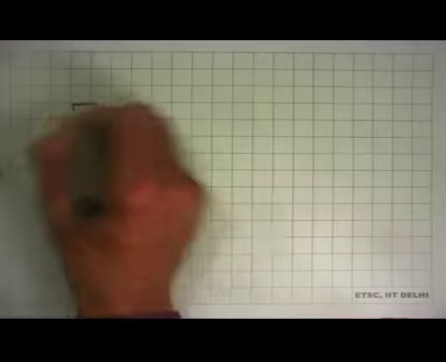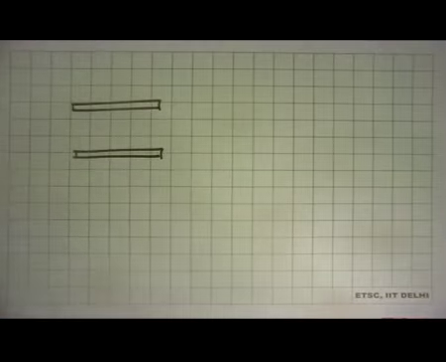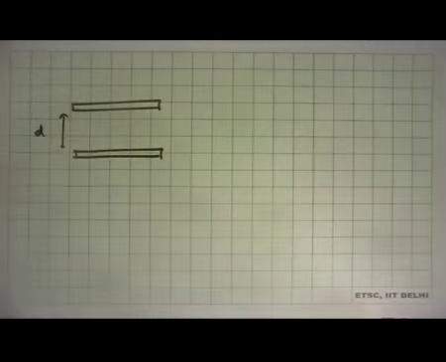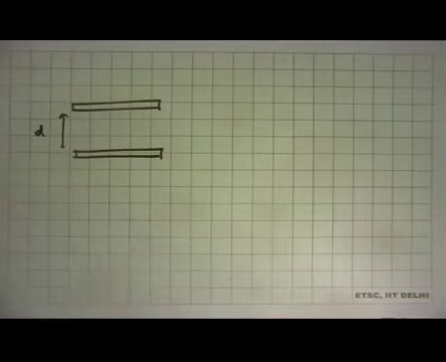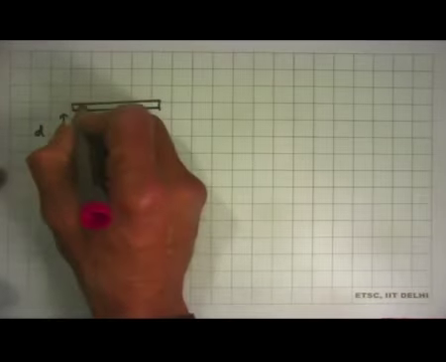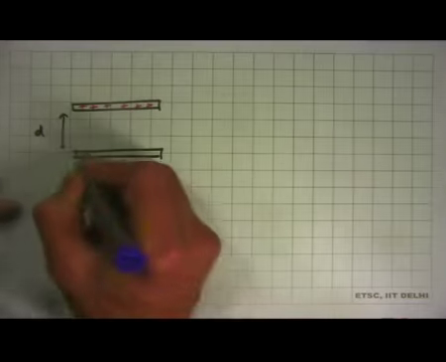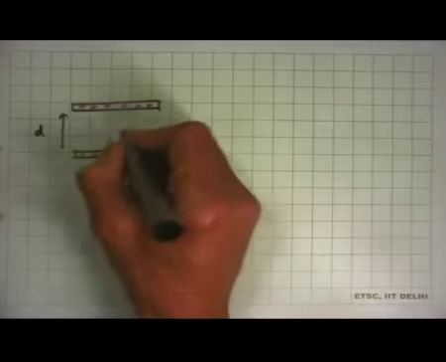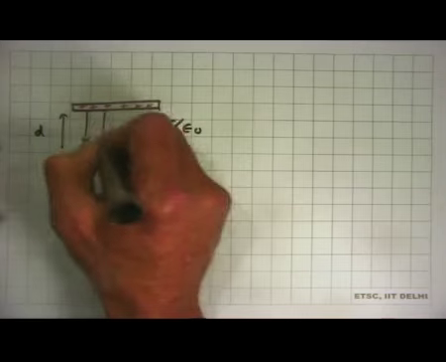I have this conductor here and another conductor here. I am assuming in this calculation that the area of the plates is very large compared to the distance separating them. I have positive charges here and negative charges on this side, and an electric field in between equal to sigma by epsilon 0, with the electric field lines coming like this.